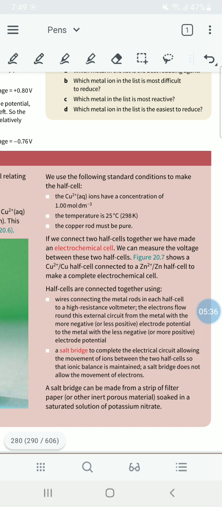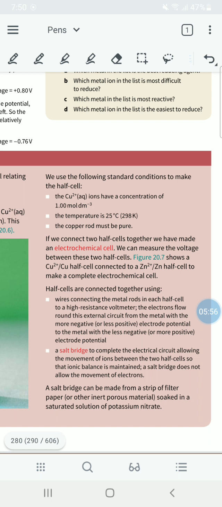There has to be a difference in their reactivities as well as the standard values when measured. After you take this electrochemical cell, there is a voltage generated. This voltage can be measured.